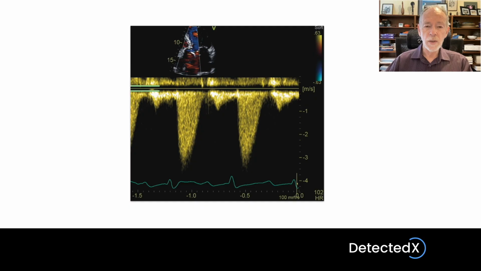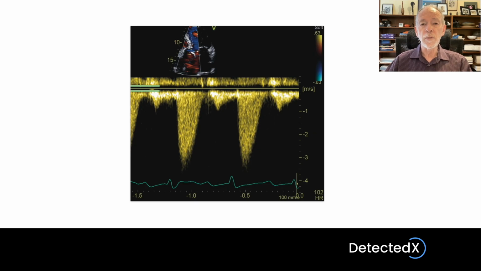This then has acquired the signal that's displayed in the lower part of the image. Notice that it's below the line, indicating that it represents flow away from the probe. Notice also the negative signs on the vertical axis of the spectral display, again emphasizing the flow is away from the probe.